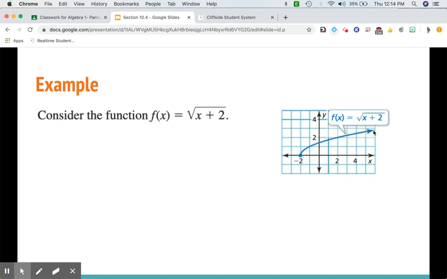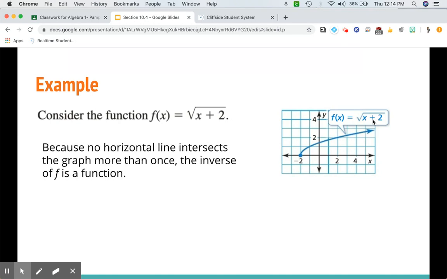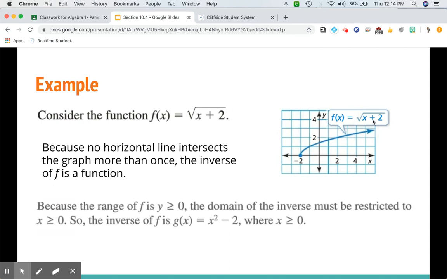And because it passes the horizontal line test, we know then that the inverse of this function is also a function. You should kind of know that the inverse of a square root function is quadratic, which we studied, which we know is a function. So again, because no horizontal line intersects the graph more than once, the inverse is a function.